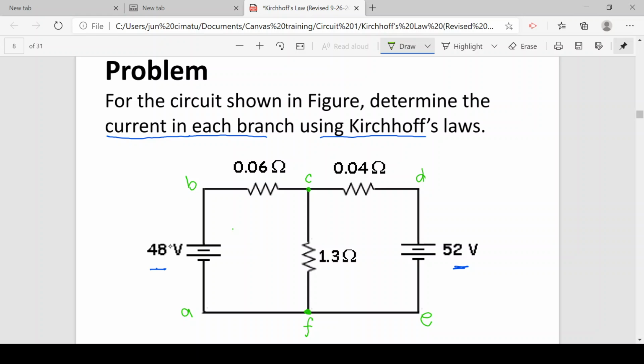So therefore, the 48 and the 0.06 ohm resistor are forming one branch. This is one branch, and therefore it has a common current.